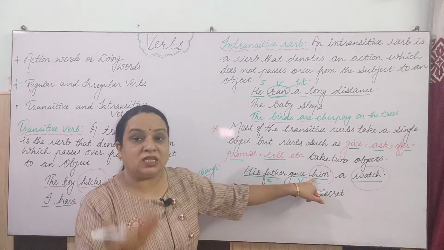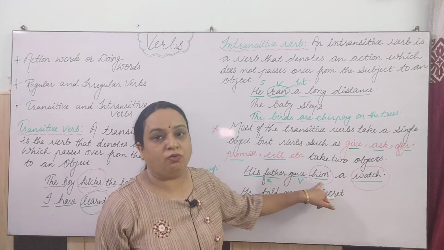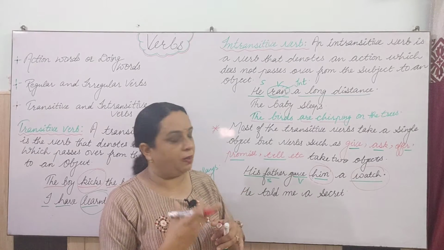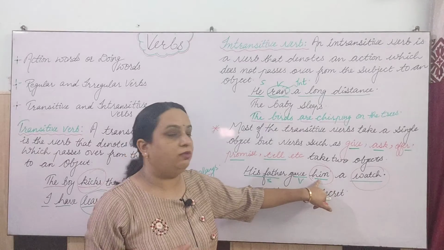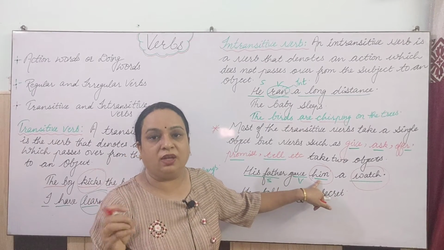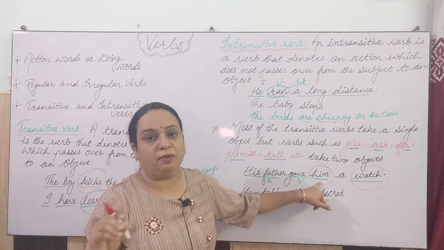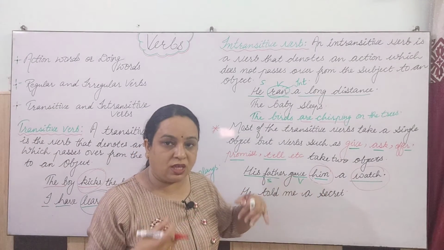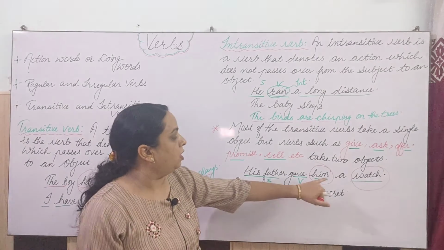Moreover, this is the receiver who is getting the watch, right? So the receiver will work as the indirect object, or if you do not remember this receiver idea, you have to see the person. In some sentences it is not always a person who is receiving something, but I will give you the example of only this sentence.